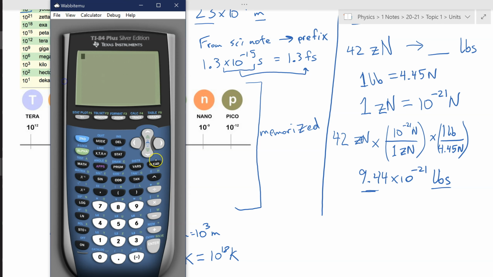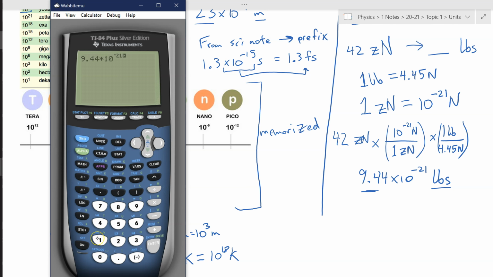And when you have a big calculation and lots of different numbers that are all in scientific notation, I promise you the built-in scientific notation on the calculator will stop you from making mistakes. Resist the urge to type 9.44 with a times and then a 10 and then an exponent.